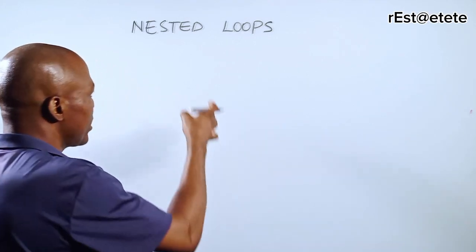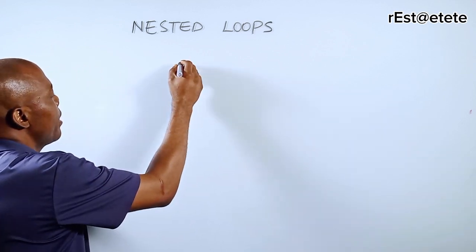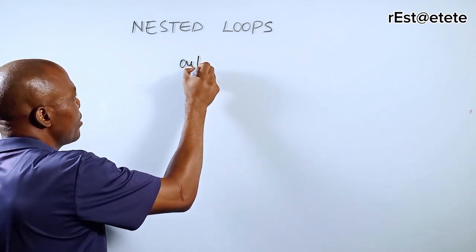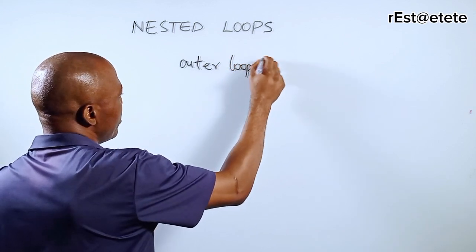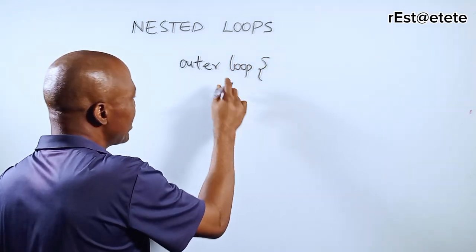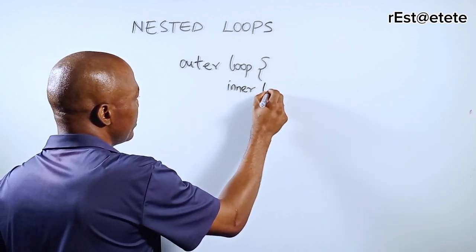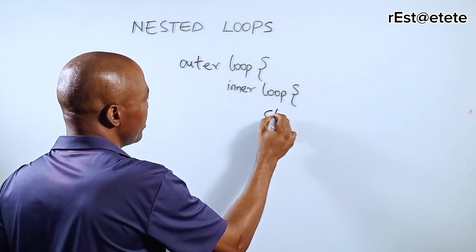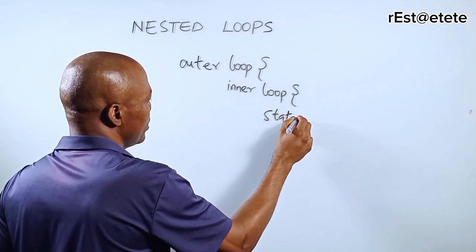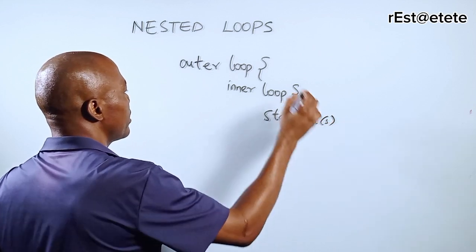So the syntax for a nested loop is, I'll just write outer loop, right? Outer loop. Then inside this loop, I'll write inner loop, right? Inner loop. Then inside it, I'll write statement, which is the block of code, or statements.